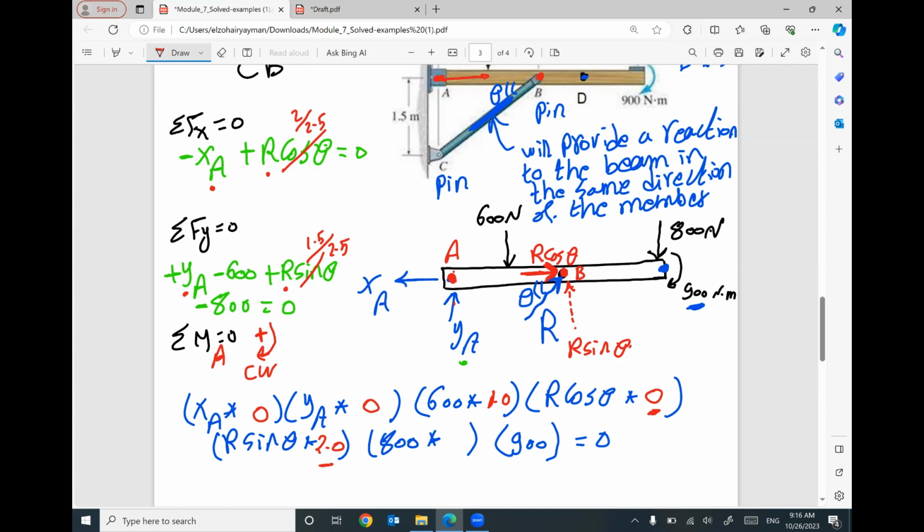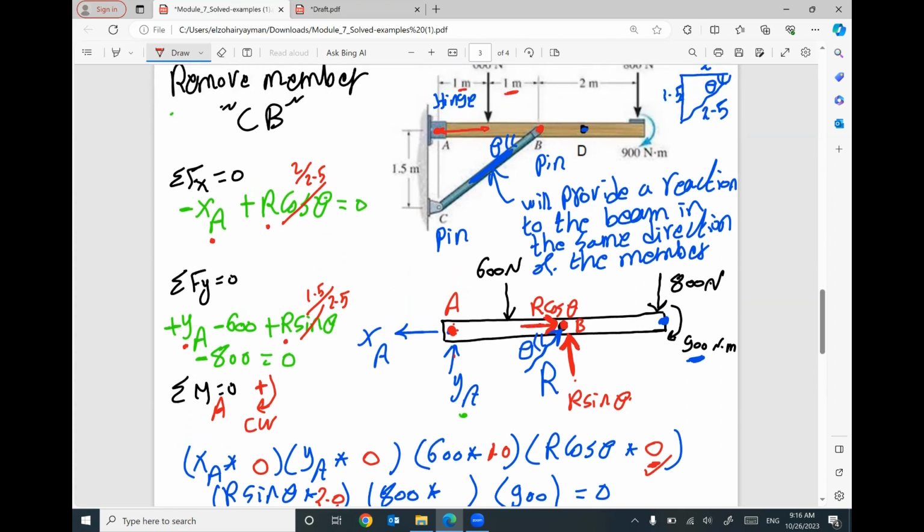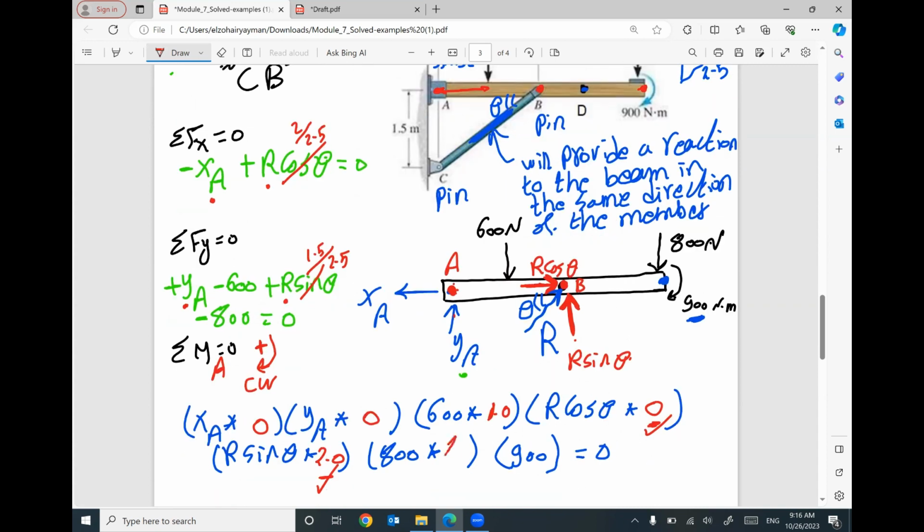If your force is horizontal, your distance must be vertical. Do you have a vertical distance between B and A? No, your distance will be 0. R sine theta is a vertical component, which means your distance will be horizontal. Do you have a horizontal distance between the two locations? Yes, 2 meters. For 800 Newton at the end, the distance to point A will be 4 meters.